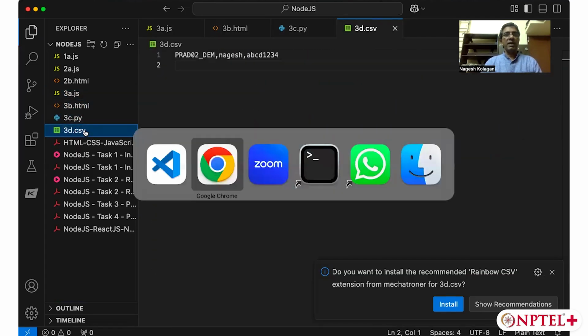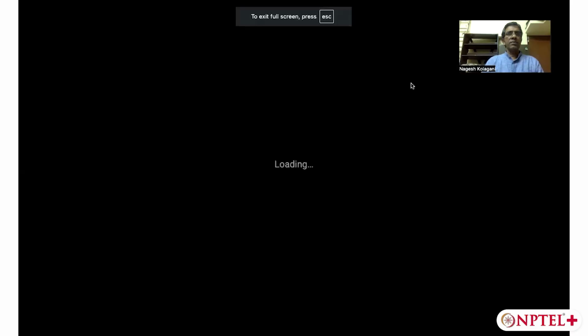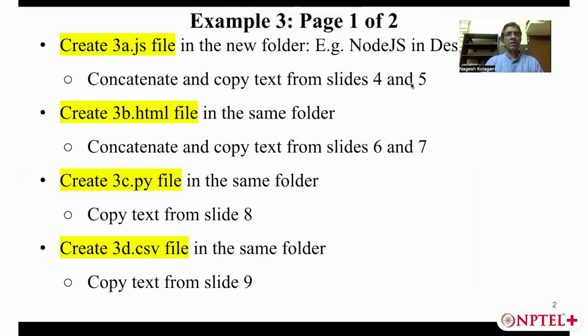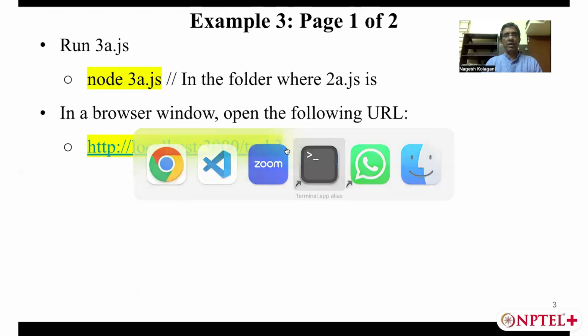And what does the instruction say? I go to the slideshow. Now you run node 3a.js and go to localhost 3000 task 3, not task 2. So I go to my terminal.